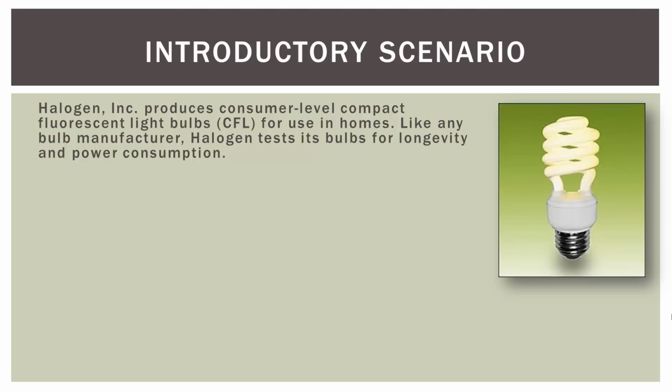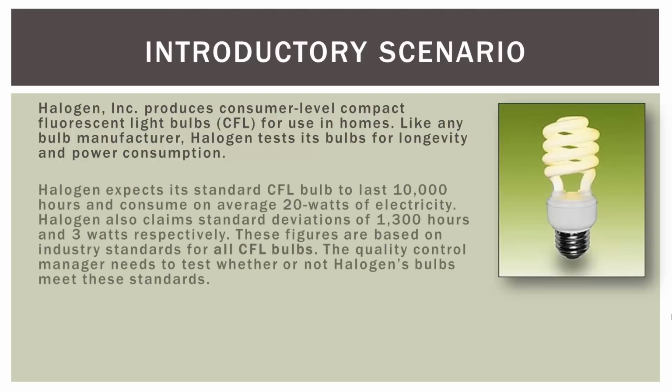They want to make sure that their bulbs are doing okay, so they test them, which should make sense. Halogen expects its standard CFL bulb to last 10,000 hours and consume, on average, 20 watts of electricity. So we have some benchmarks there. Halogen also claims standard deviations of 1,300 hours and 3 watts, respectively.